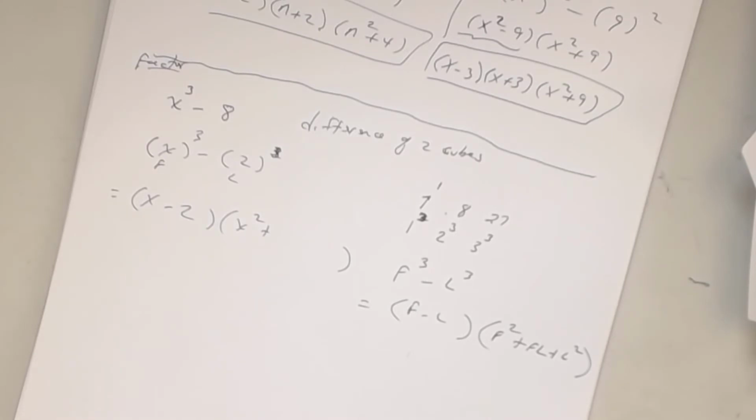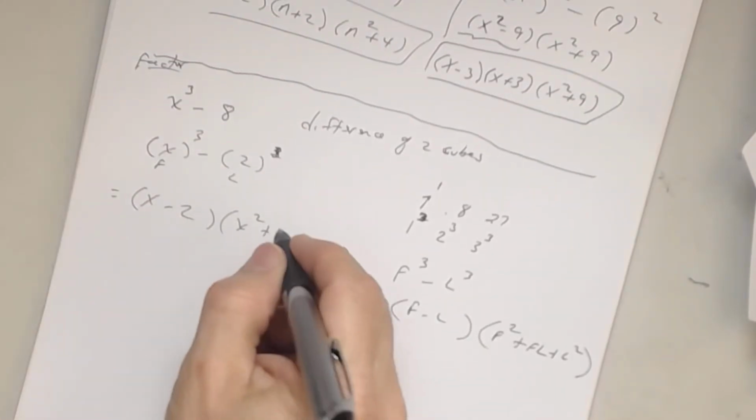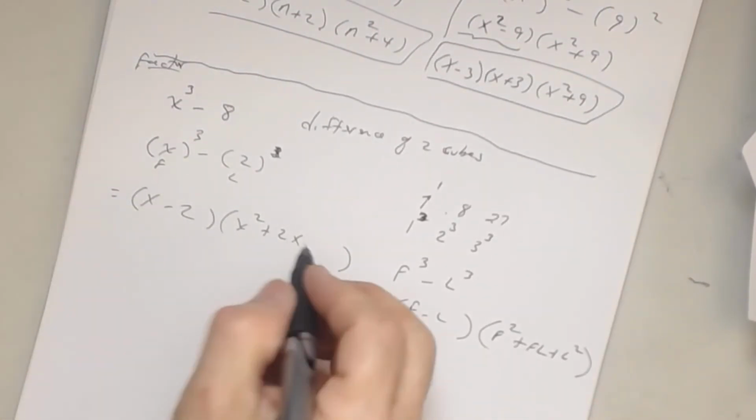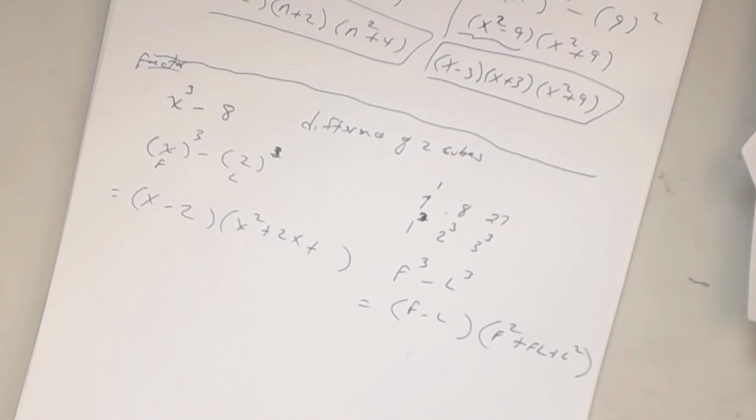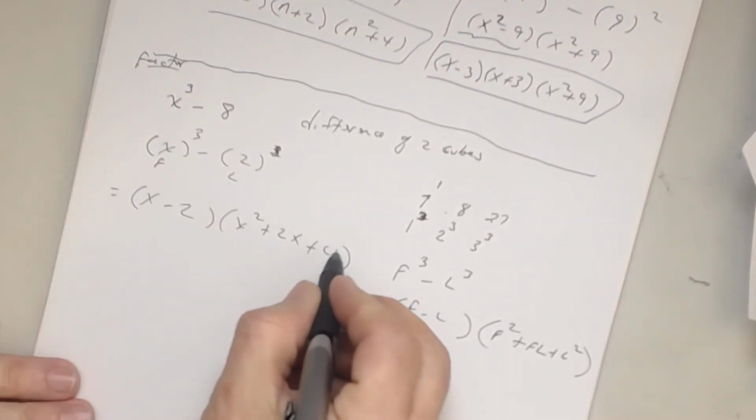What's f? X. What's L? 2. So what do I get? 2x. Plus. Then it says I take L and I square it. I multiply it by itself. What's L in this case? 2. So what's 2 times 2? 4. So there's your answer.